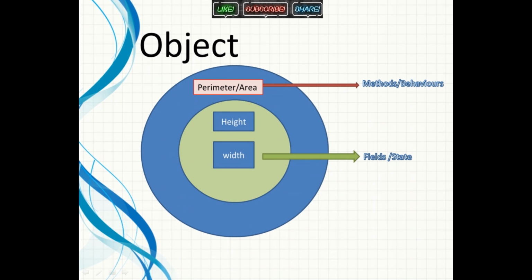Now coming to how it looks. An object has three characteristics, as explained here. First, it stores the field state, for example the height and width of a rectangular shape. These are the two variables, and the functionality or behavior I want is to calculate area or perimeter, just one example I'm giving you.